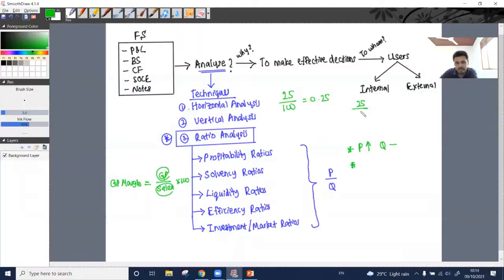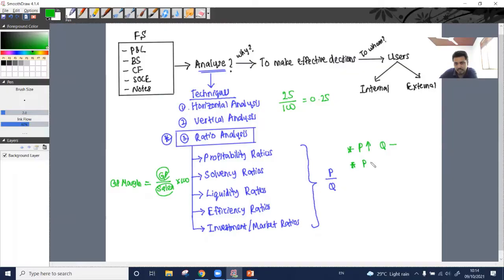Assume instead of 100 I am considering 50 here. What will happen to the ratio? It will increase. Earlier it was 0.25, now it is 0.5. So that is another way of improving the ratio.